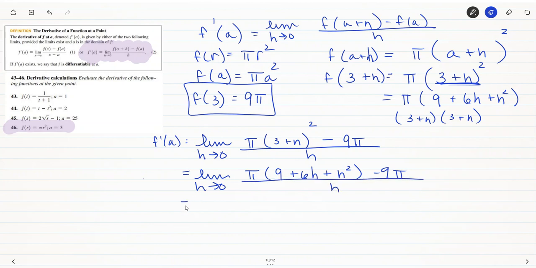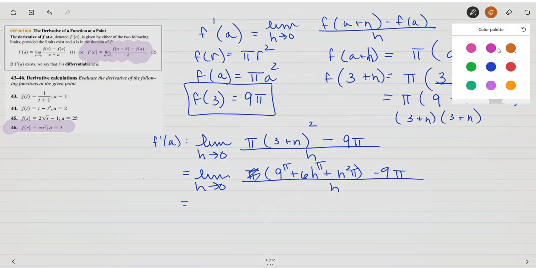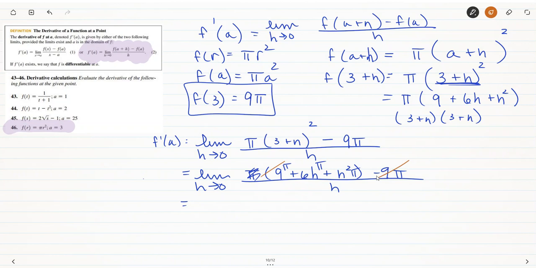When I distribute the pi, I get 9 pi plus 6h pi plus h squared pi. So the 9 pi minus 9 pi cancels out, and I have the limit as h approaches 0 of 6h pi plus h squared pi all over h.